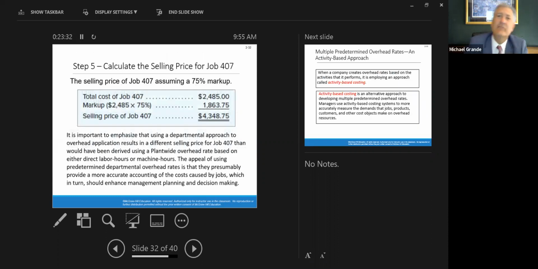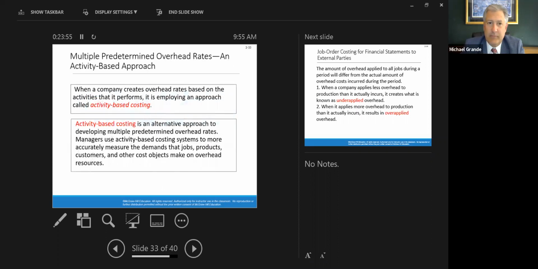The selling price of job 407, assuming a 75% markup, okay, markup on cost, not desired gross profit margin, markup on cost. The markup is 75% of the cost. There's the markup, there's the selling price. Multiple predetermined overhead rates.